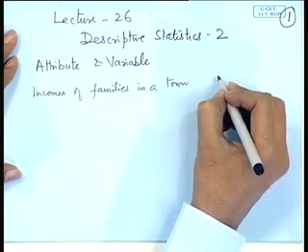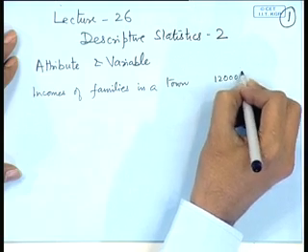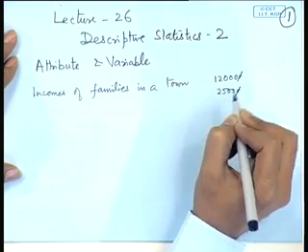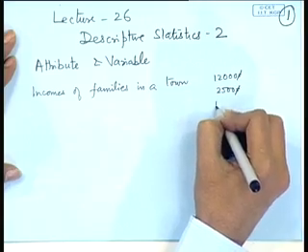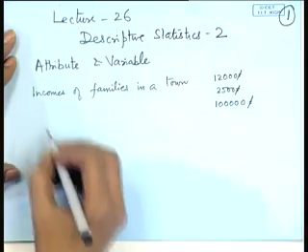Suppose we are recording the incomes per month. The incomes could be, say, 12,000 rupees per month, it could be 2,500 rupees per month, or it could be 1 lakh rupees per month, etc.